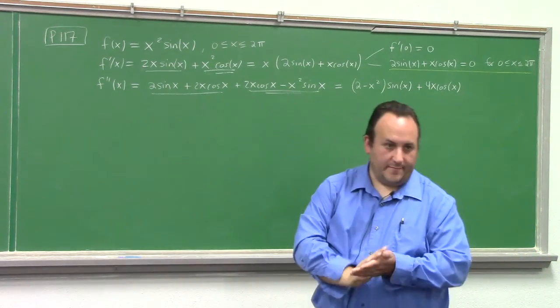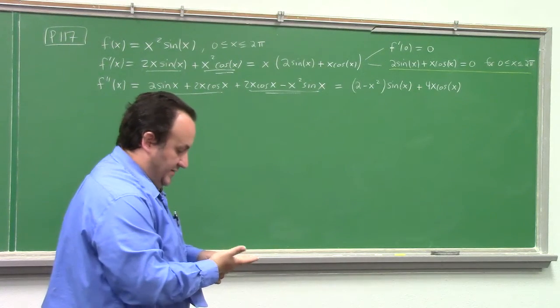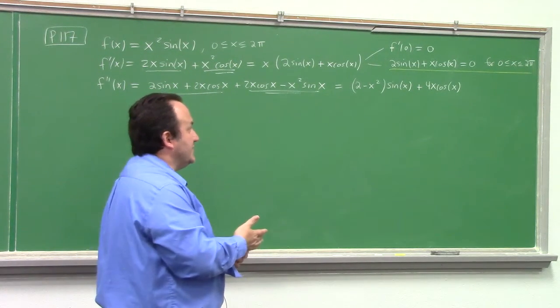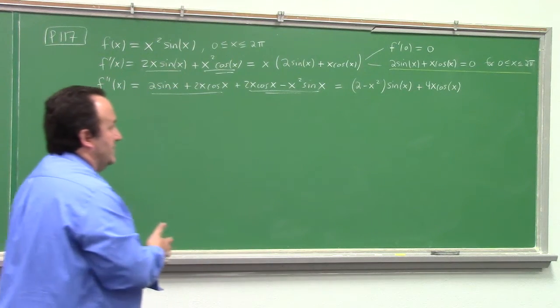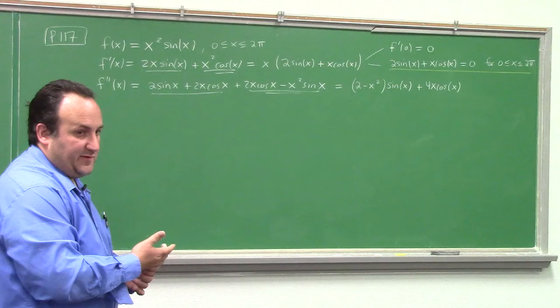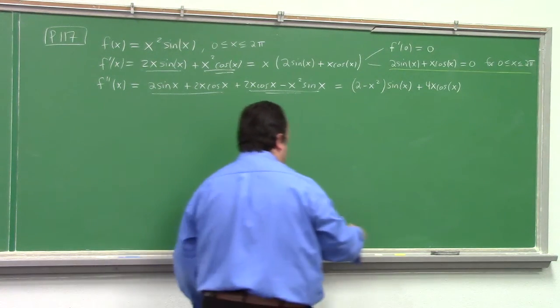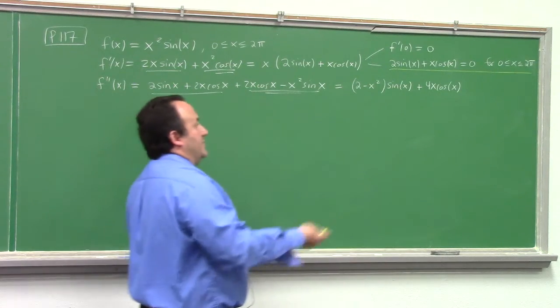So the answer is yes, but it's also not nice. This is why at the start of your homework I have a sentence which says use Desmos or a numerical method for the parts which aren't pretty. This is one of those parts. But let me encourage you guys to look at this a different way.